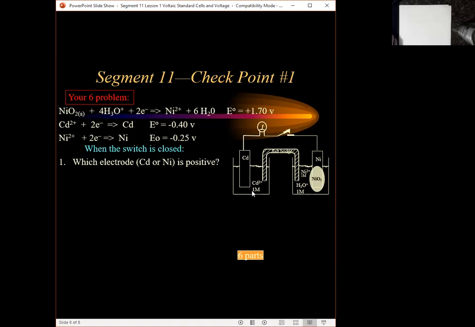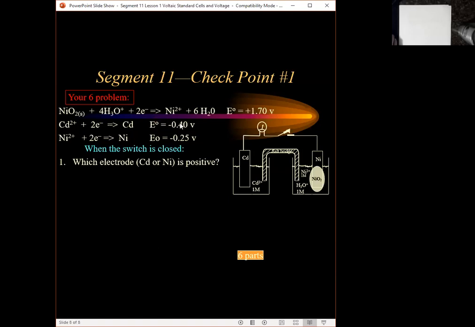So you have to determine an oxidation reaction and a reduction reaction. So you've got to determine whether cadmium is going to be oxidized or reduced. Let's suppose I looked at the cadmium electrode and it's minus 0.4 volts. So I could combine that with this electrode.